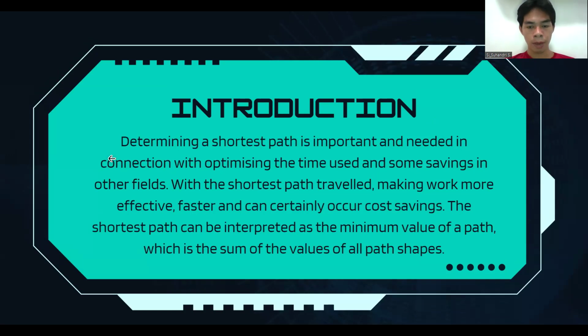With the shortest path traveled, work becomes more effective and faster, and can curtail costs. The shortest path can be interpreted as the minimum value of a path, which is the sum of the values of all path sub-edges.